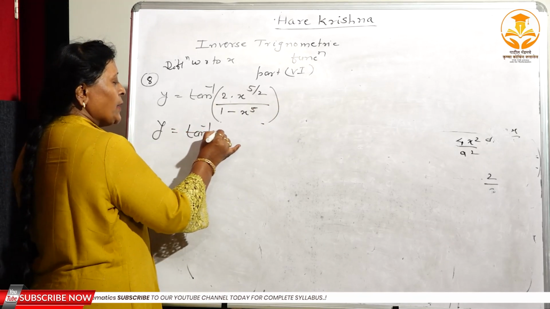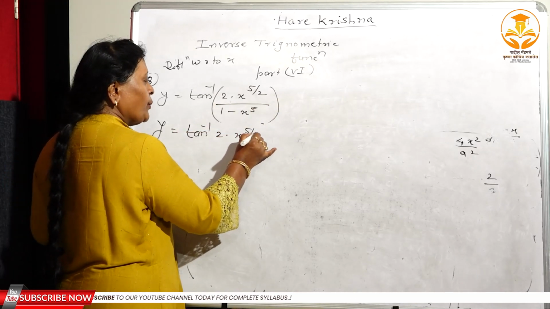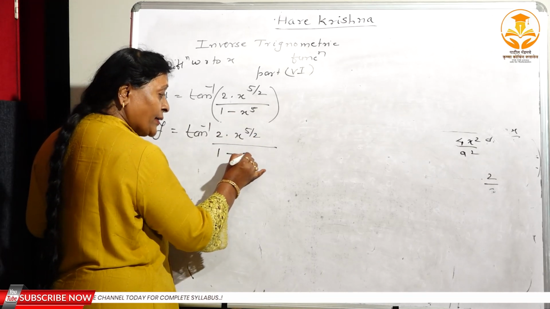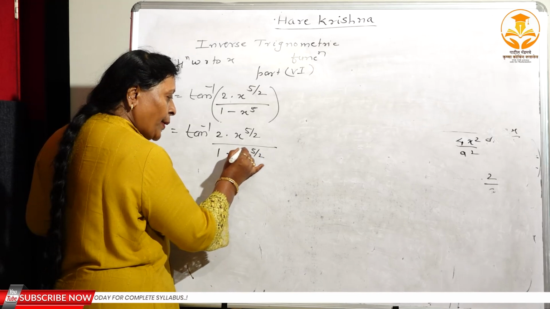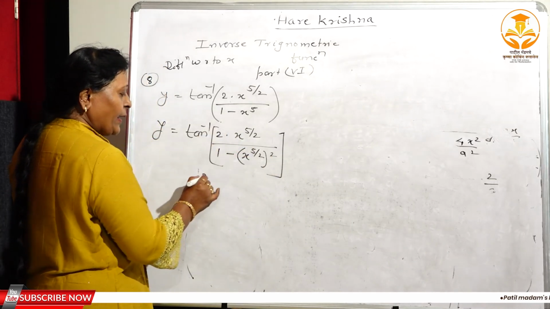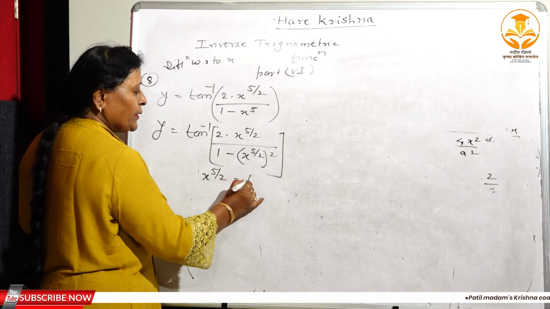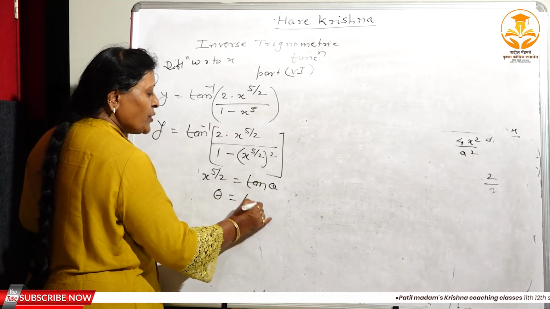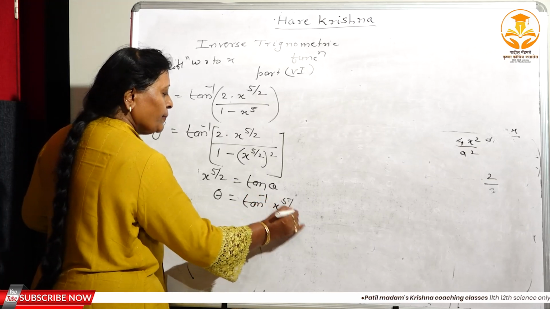Therefore tan inverse, this is 2 x to the power 5 by 2, but here this x to the power 5 you have to adjust like this, x to the power 5 by 2 whole square. Then and only then you can substitute x to the power 5 by 2 is equal to tan theta, right? And theta is equal to tan inverse of x to the power 5 by 2, right?